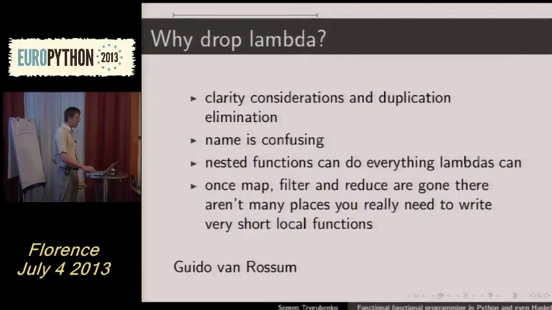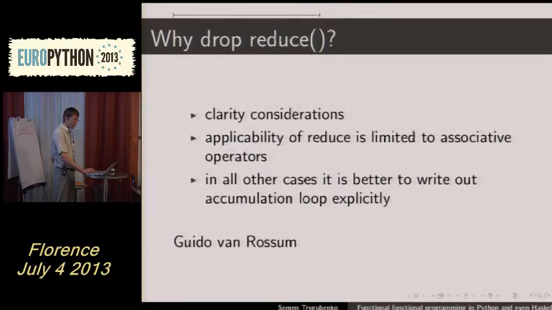So it's basically simplification and improving clarity. Reduce actually is a special case because its applicability is limited to associative operators, and in all other cases it's better to write out your accumulation loop explicitly rather than use reduce, and the person who is going to read your code next will say thank you.